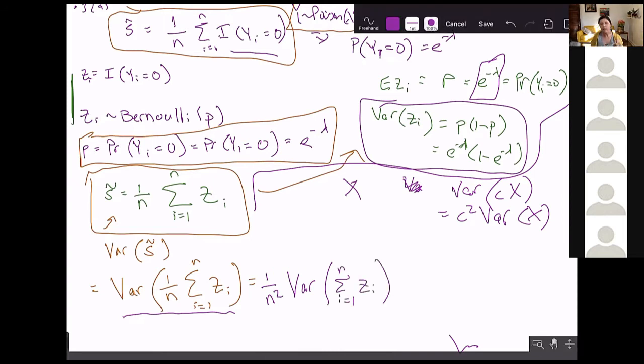Okay, and then what about the summation that we have within the variance? What can we do with that? Can we pull it out? Yes or no? Is there a reason why? Wouldn't that be n times variance of ZI? So you're saying n times variance of ZI, you're implicitly pulling the summation sign out and then converting that to an n.